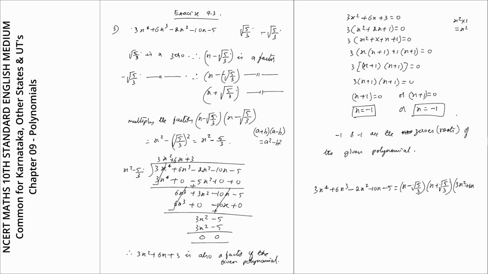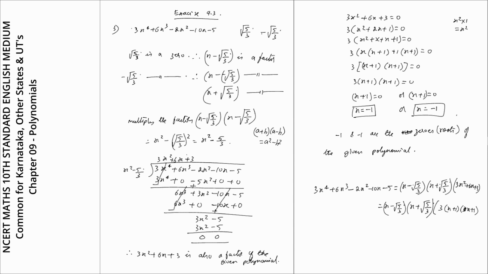And also we came to know that this is also a factor, that is 3x square plus 6x plus 3. So now this I can write as x minus square root of 5 by 3 into x plus square root of 5 by 3. Now 3x square plus 6x plus 3 also we factorized. What was that? It is 3 into x plus 1 into x plus 1.